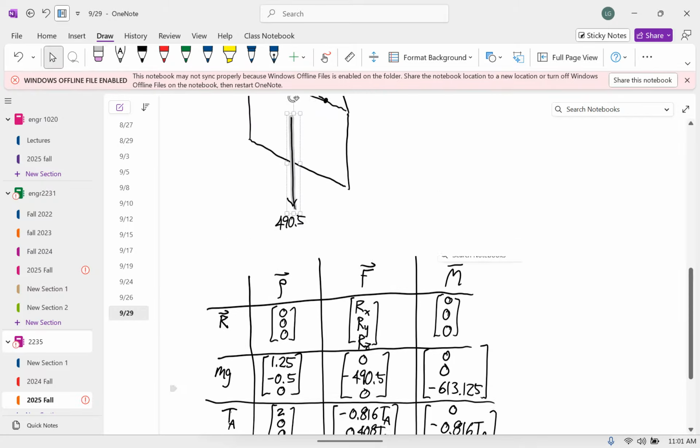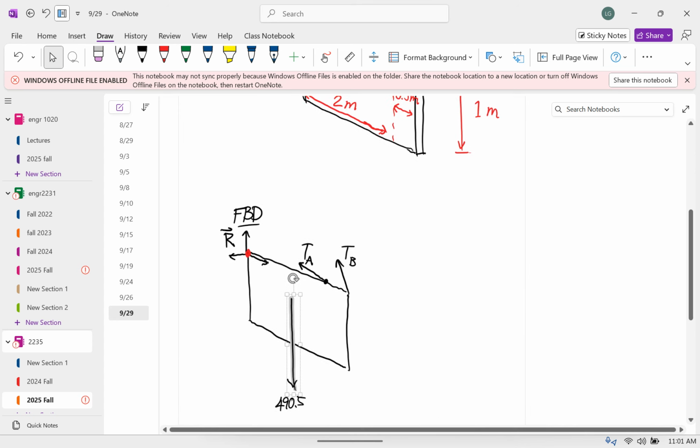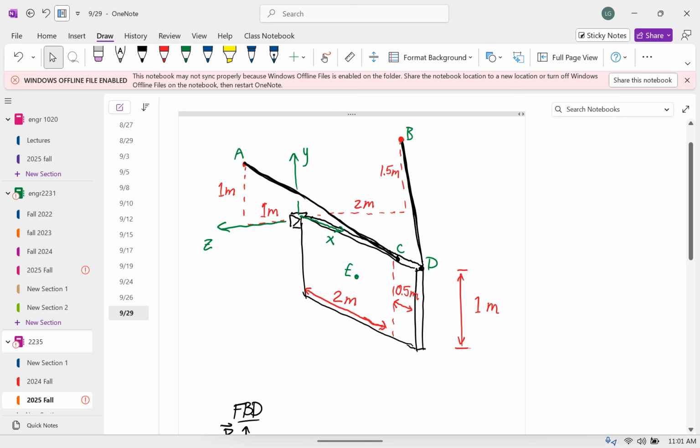And now we have to think about the force vector, and that's a little more complicated. What I'm going to do is the same thing I did for the force TA. I'm going to take the coordinates of B, subtract the coordinates of D. Then I'm going to take a unit vector in that direction and multiply it by the variable to represent that force.